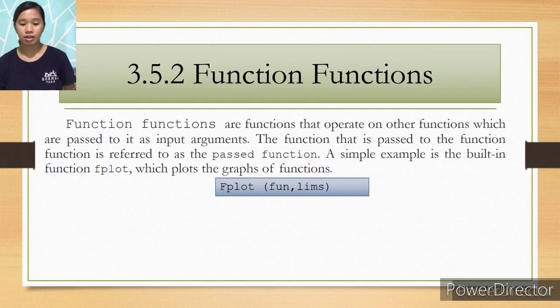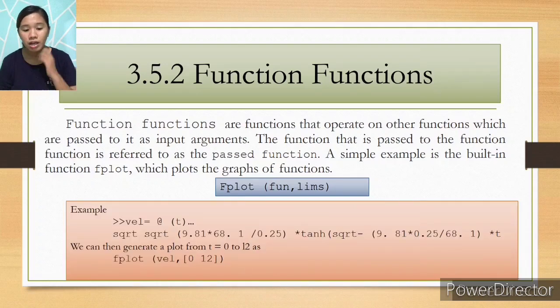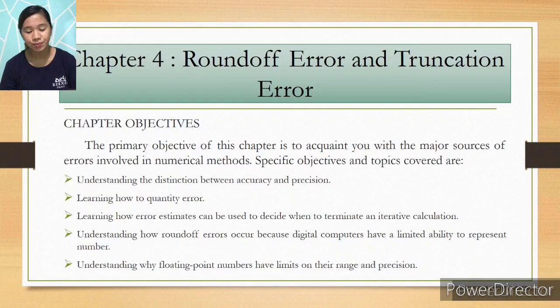It has the syntax fplot(fun, lims). For example, the function is the square root of 9.81 times 68.1 over 0.25 times the tangent of the square root of 9.81 times 0.25 over 68.1 times t. We can then generate a plot from t equals 0 to 12 as fplot(vel, [0 12]). So this is the result.